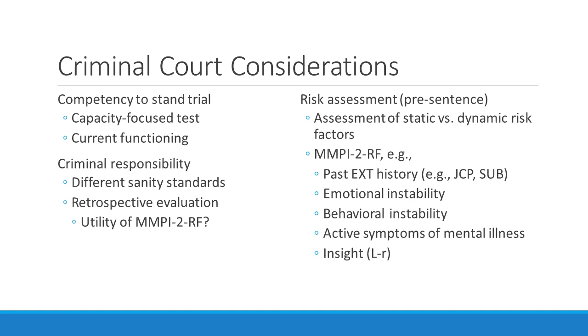So it's very much currently focused, and that's also what the MMPI-2-RF does best. The MMPI-2-RF will give you an idea of how the person is currently doing, much more so than how they've done in the past, which is quite important.